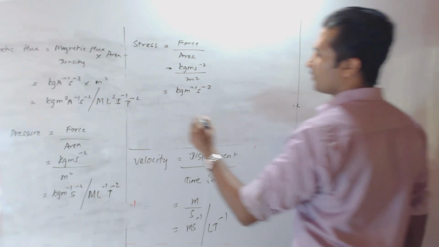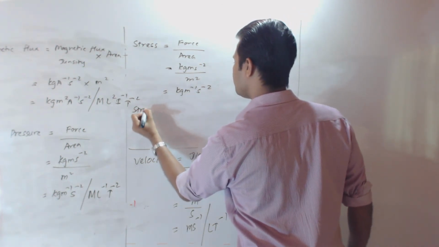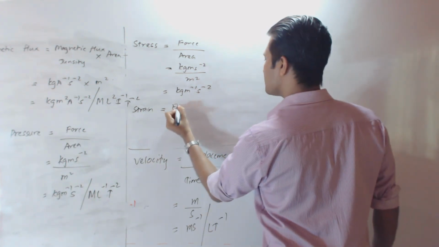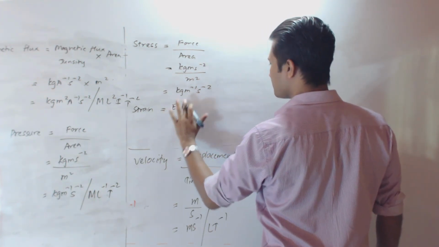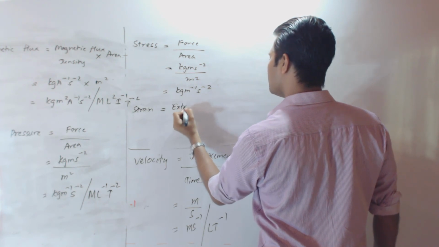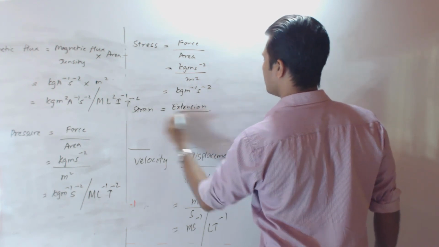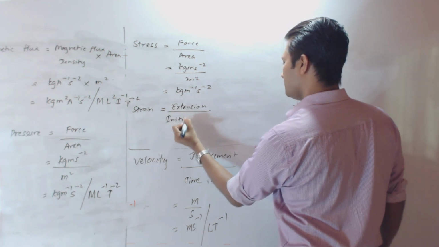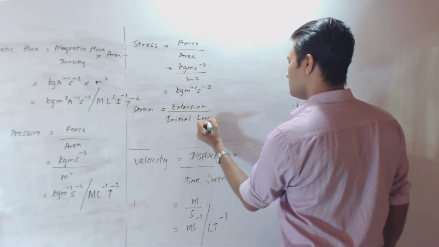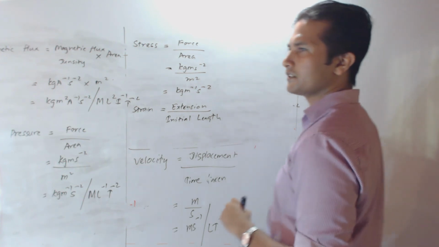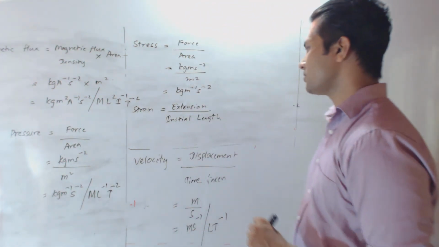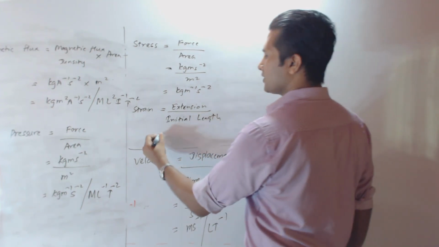Then we can go through the strain. Strain is extension divided by the initial length. What is extension?